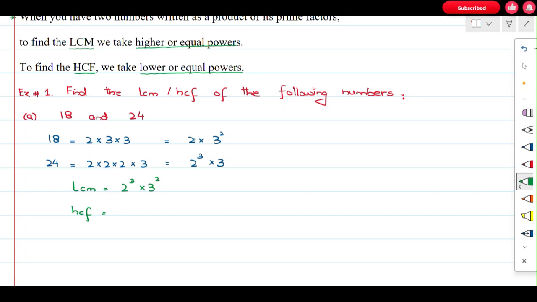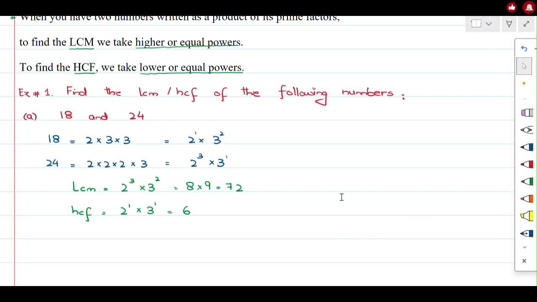So the lower power of 2 power 3, 2 power 1 is 2 power 1, and the lower power of 3 square, 3 power 1, is 3 power 1. 2 times 3 gives you 6. 2 cube is 8, and 3 square is 9. 8 times 9 is 72. So the LCM is 72 and HCF is 6.